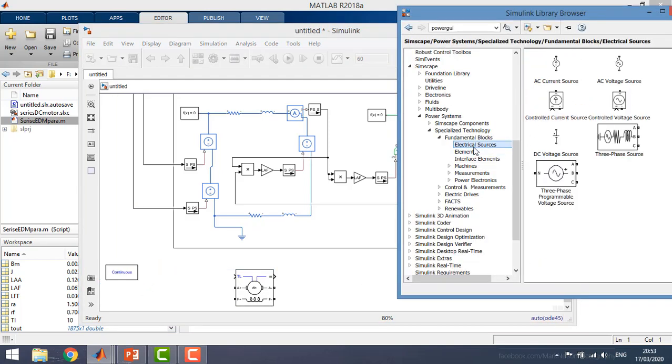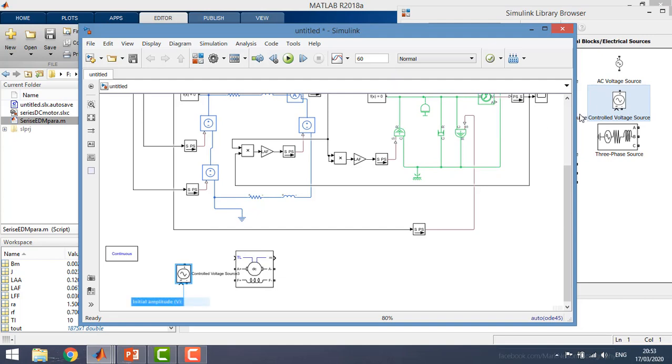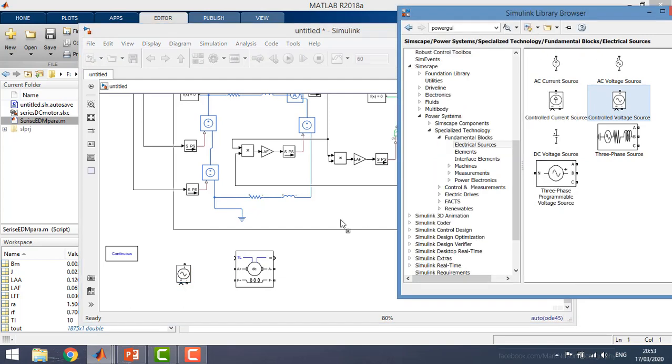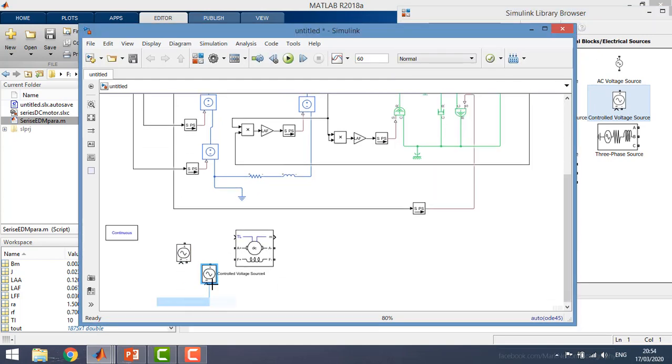Let's go and use sources. So we can use, let's use 2 blocks. So one for the field and one for the armature winding.